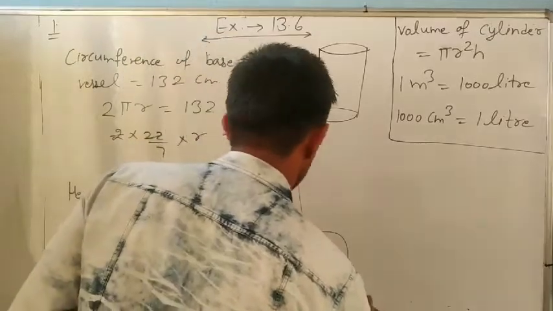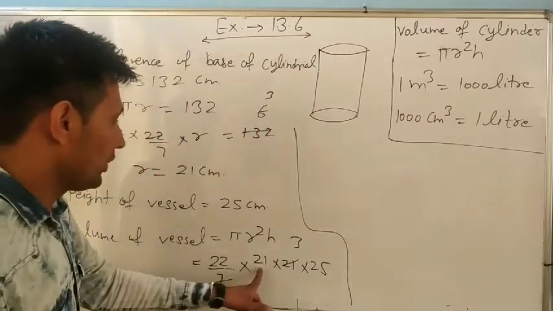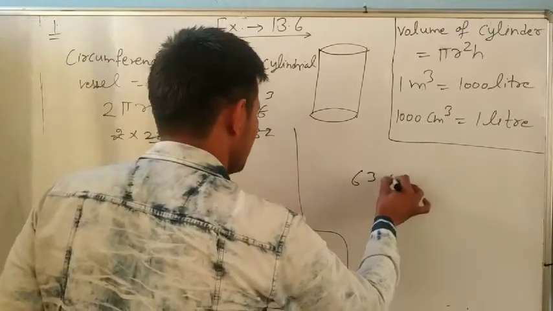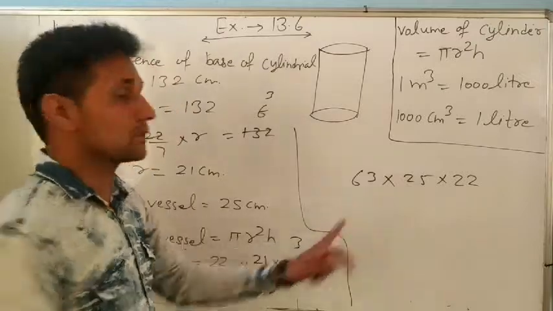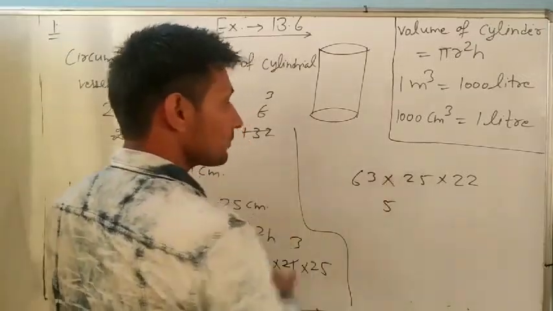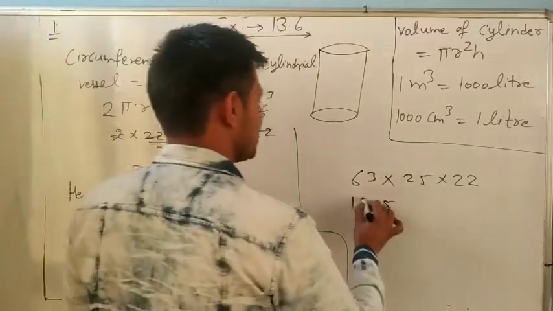When you multiply, it comes 21 into 3, 63. 63 into 25 into 22. So you should know tables. 25 3 ja 75, 25 6 ja 150, 150 plus 75, 1575.